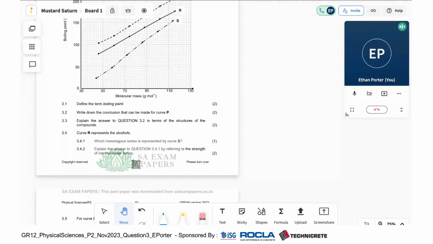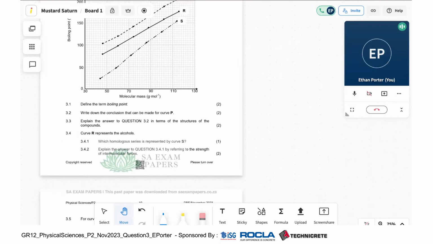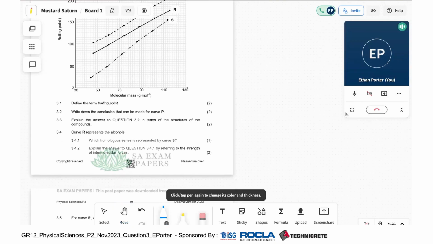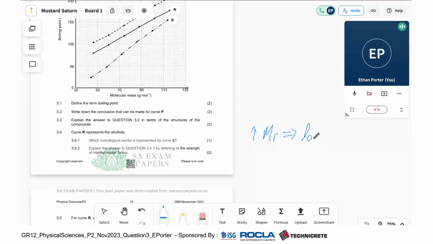So, these are all straight chain molecules. What we can see is that the molecule is actually getting longer and the boiling point is increasing. So what that leads you to conclude is that a higher molecular weight, or increased molecular mass, I'm going to write it as MR for shorthand, means a longer molecule.